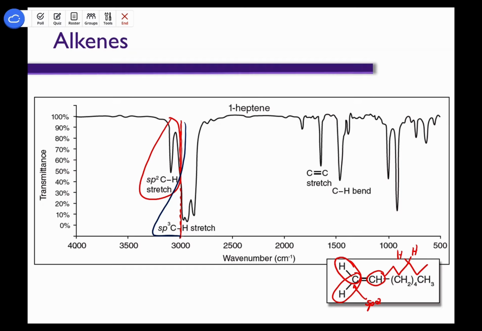So we still have sp3 carbon hydrogen stretches. That's all of these ones over here. But in red, we've highlighted the sp2 carbon hydrogen stretch. Here, if we have an alkenyl group, which we do, the carbon hydrogen for the sp2 absorbs just over 3000 wave numbers, and we see that peak. It's a medium intensity. You can see it doesn't go all the way down, but it's not a tiny little blip.